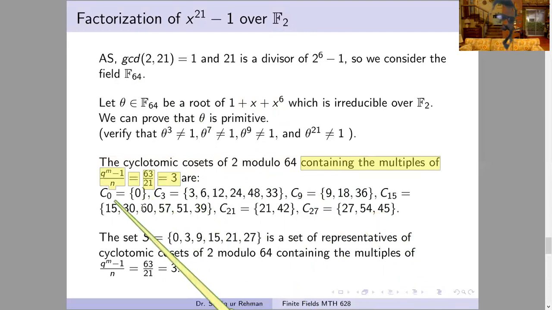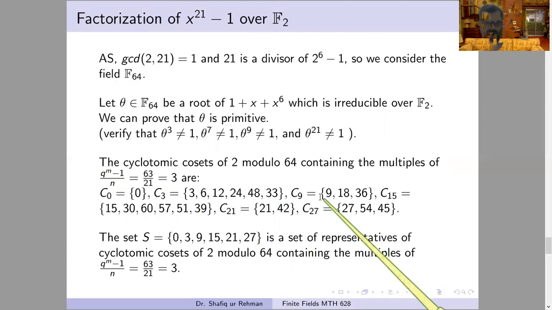So we will take C0, 3, 6, 9, 12, 15, but notice that C3 and C6 are the same, so no need to take C6 again because 6 belongs to this. So this is also equal to C6. This is also equal to C12.